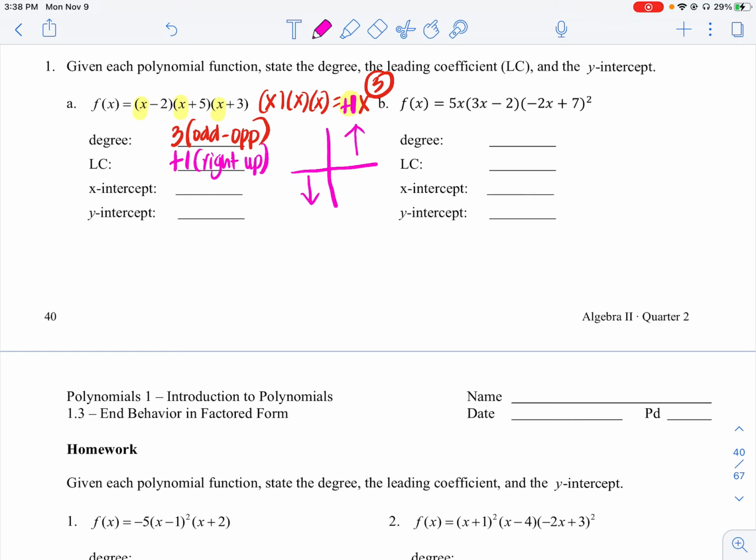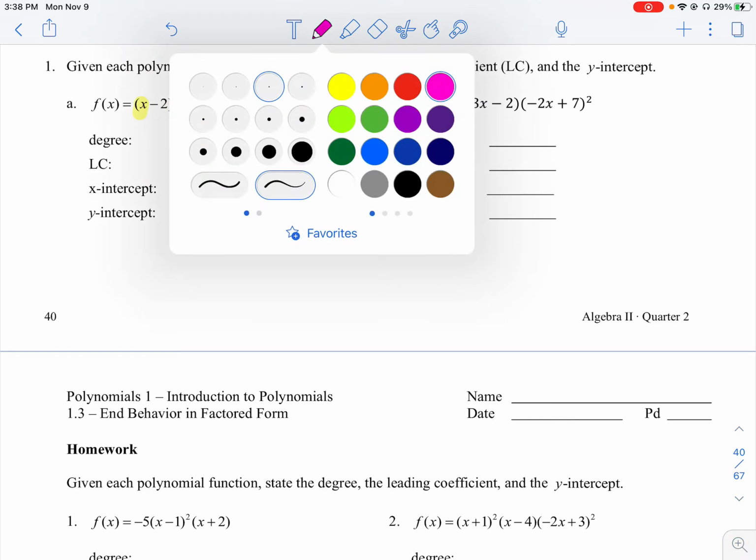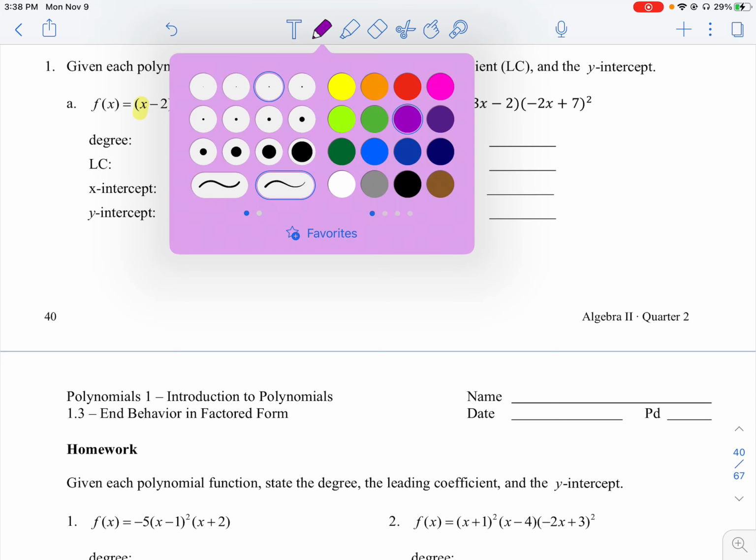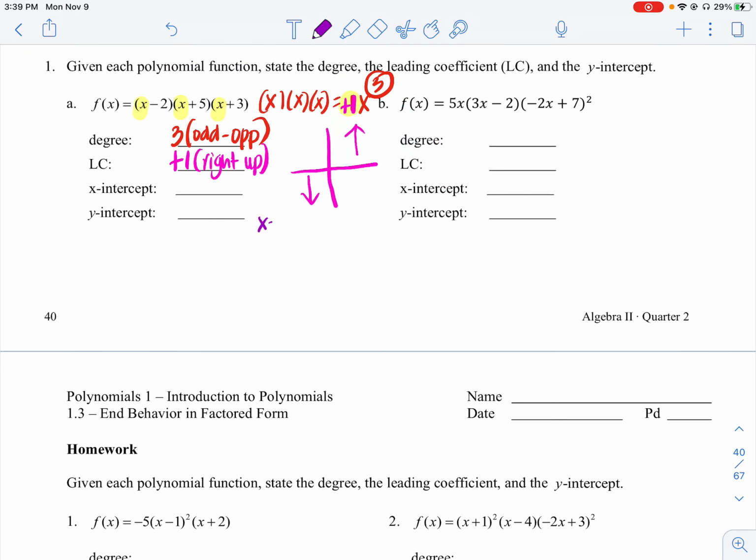Okay, moving on with the x-intercepts, which we are very familiar with. Let's change the color into purple. We have x minus 2 equals 0. That is, x is equal to 2, and we know how to do that, right? x plus 5 equal to 0, we'll get a negative 5. And lastly, we have x plus 3 equal to 0.